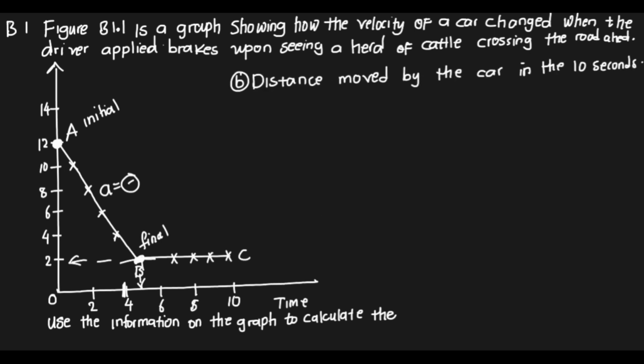Okay, so now we move on to question B. Distance moved by the car in the 10 seconds. So let's see if we can have the picture. So this is the distance that we want here. Now let's analyze this one. So there are so many ways in which you can write the distance, but as for me, I'm going to break this region into two regions.